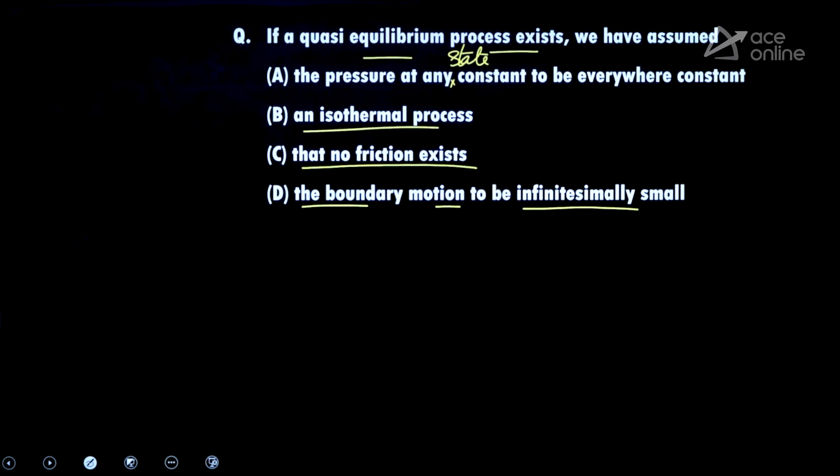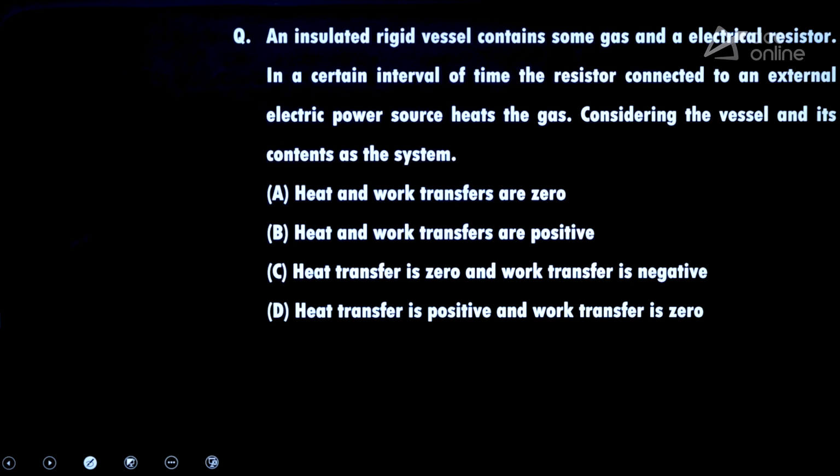Let us take the next question. All of you try to read the next question available on the screen. It is asking: an insulated rigid vessel containing some gas and an electric resistor. In a certain interval of time, the resistor connected to an external electric power source heats the gas.